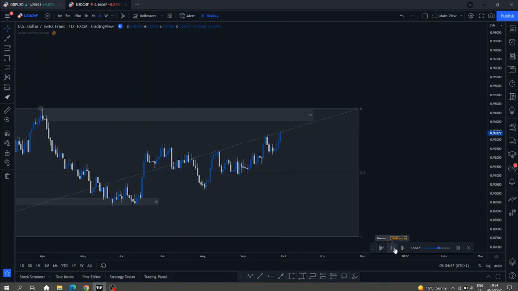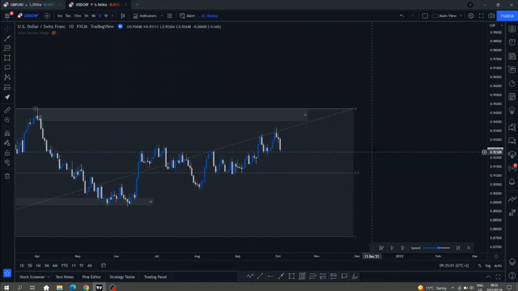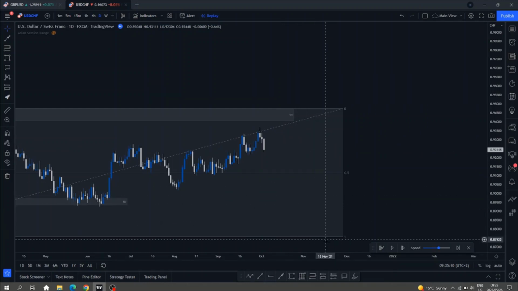So we're going to play price forward just a little bit here. And what we can see is price action has pushed up.